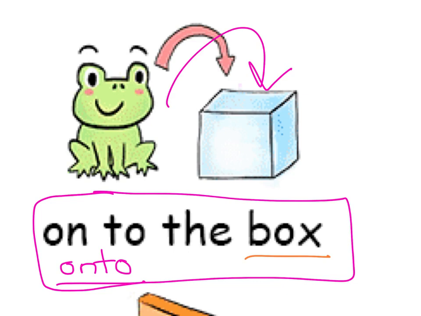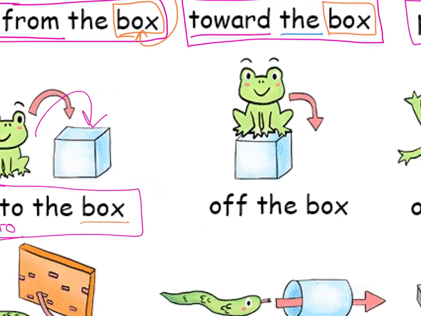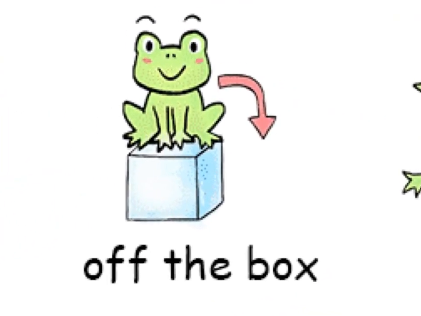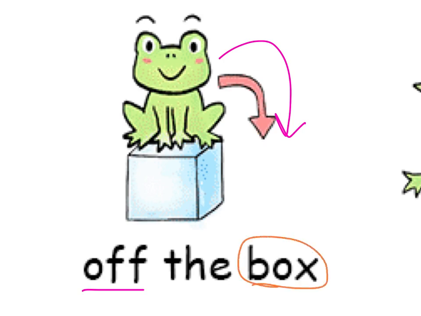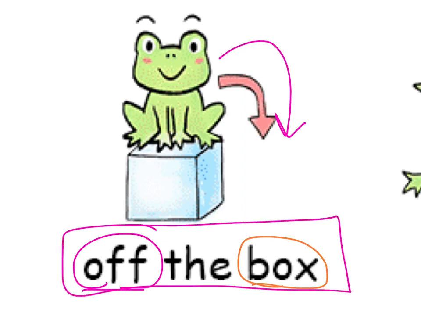Remember, a phrase is a group of words that works together. This is telling us where the frog is jumping. Now the frog is on the box and he wants to jump off. So he's going to jump off the box. Here is the noun at the end. Here is the preposition at the beginning, and all the words together is the prepositional phrase.